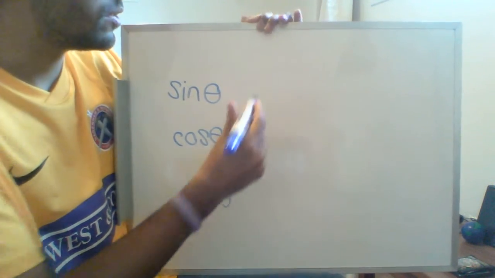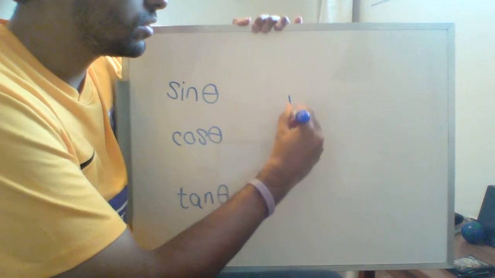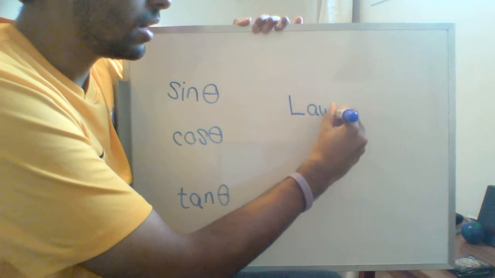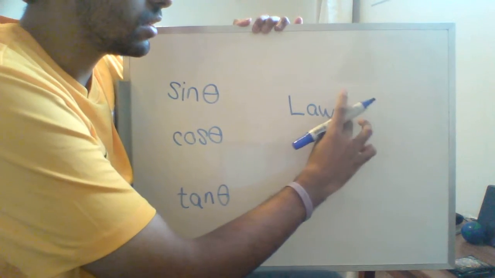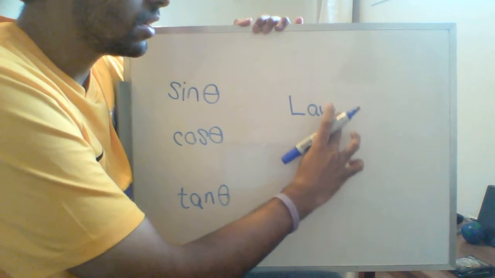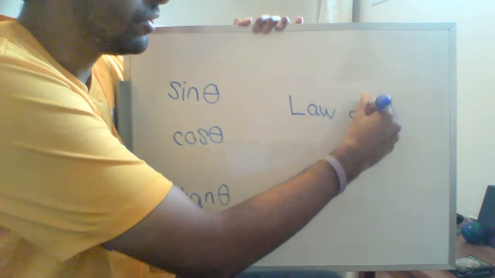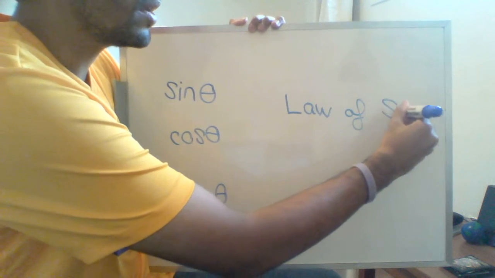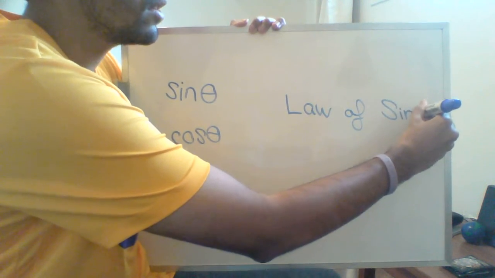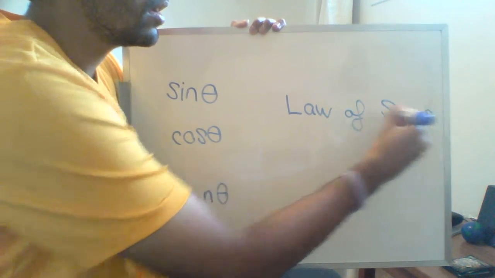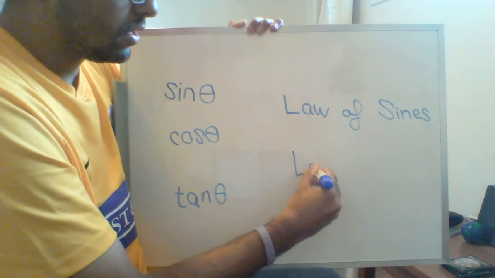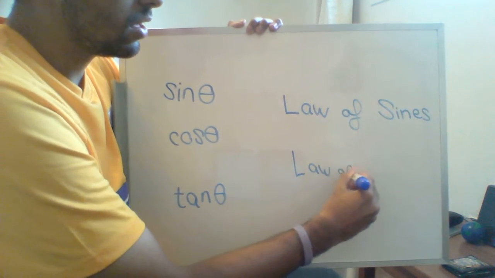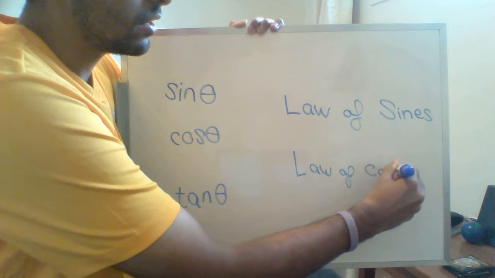We're going to worry about these three, and we're going to discuss two properties that you can use after you've mastered these original three functions. The first one is called the law of sines, and the second one is called the law of cosines.